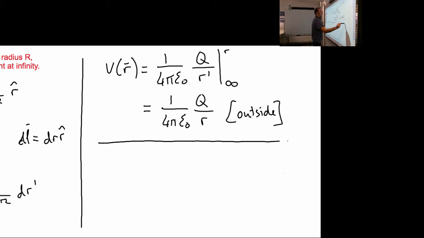Okay, so now what about inside, where little r is going to be less than big R. What we're going to have to do here is split the integral up into two. We're going to have one integral which is going to go between infinity and big R, and the other integral is going to go between big R and little r.